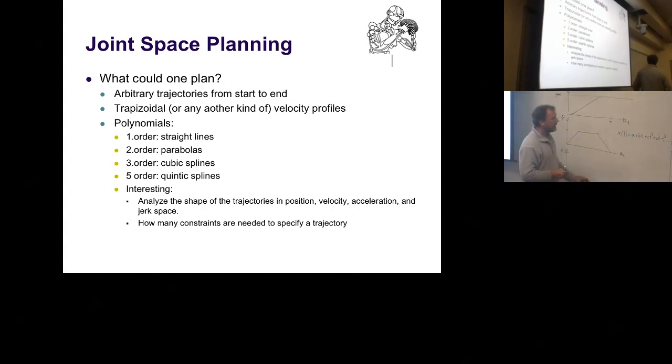Okay? And then you can start discussing which polynomials are actually nice polynomials? And we started with one which basically said, x equals a plus bt, that was my straight line.